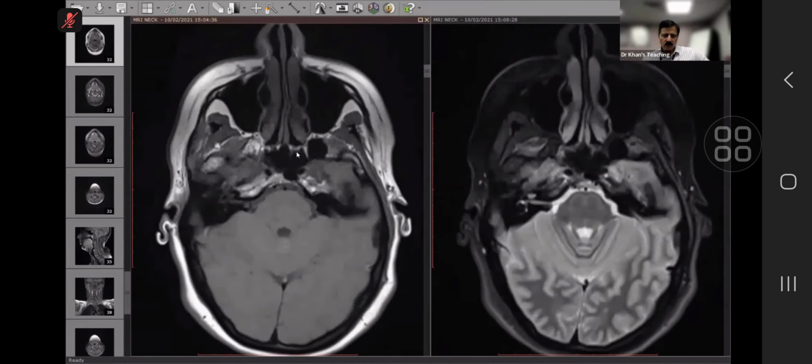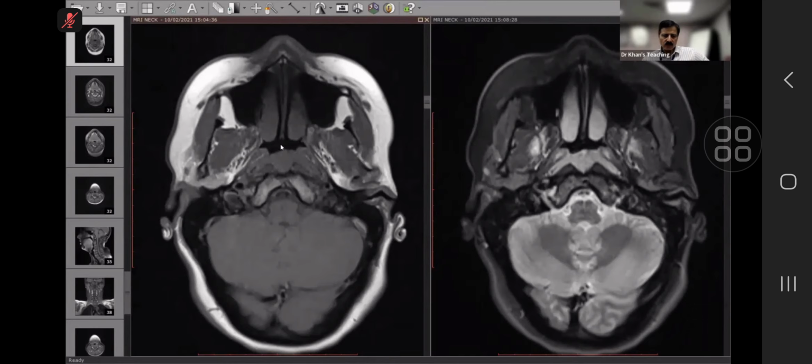Now, when we go superiorly, this is the nasopharynx, and we can see that there is a bit of adenoid, slight bit of prominence. And if you see, develop your eyes on this one, on the STIR sequence, look at the lymphoid tissue and see how bright it looks. And that is the beauty of a STIR sequence.